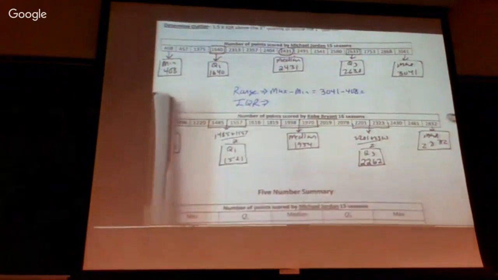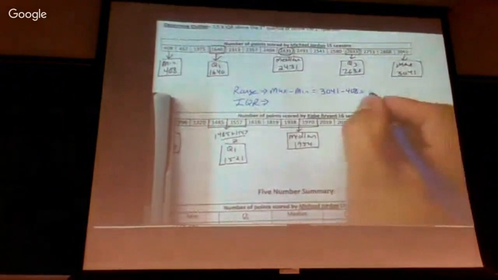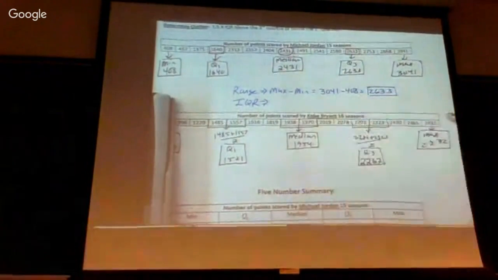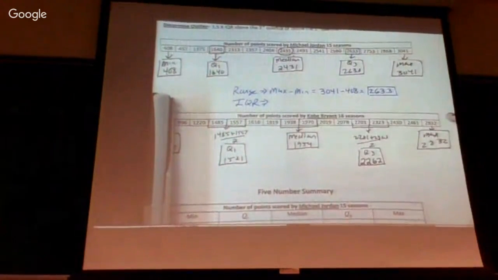If you take 3,041 minus 408, you get 2633. That is something else I can compare. All right.